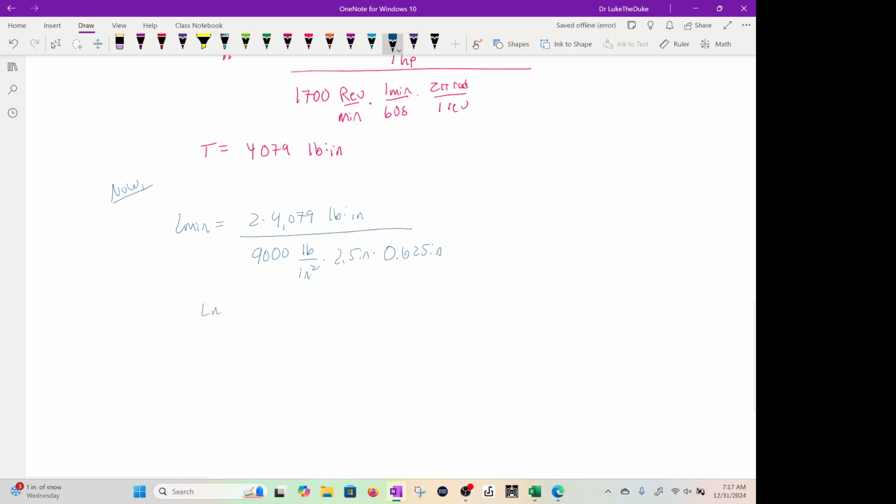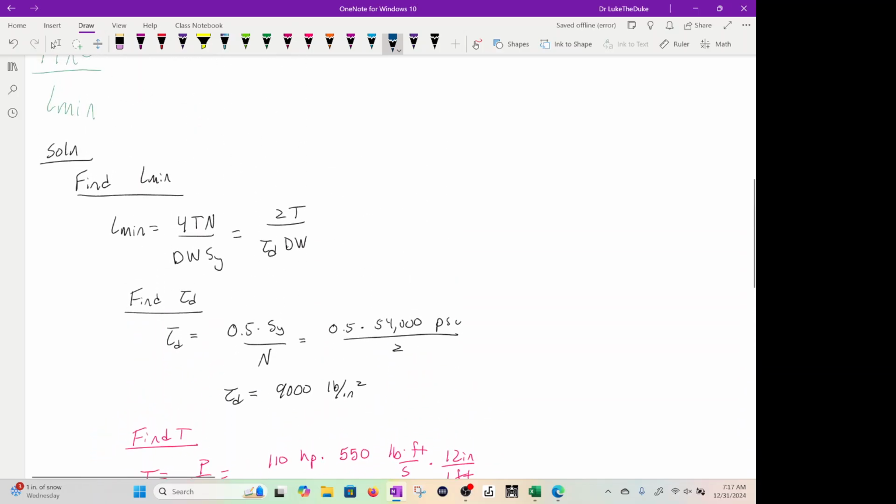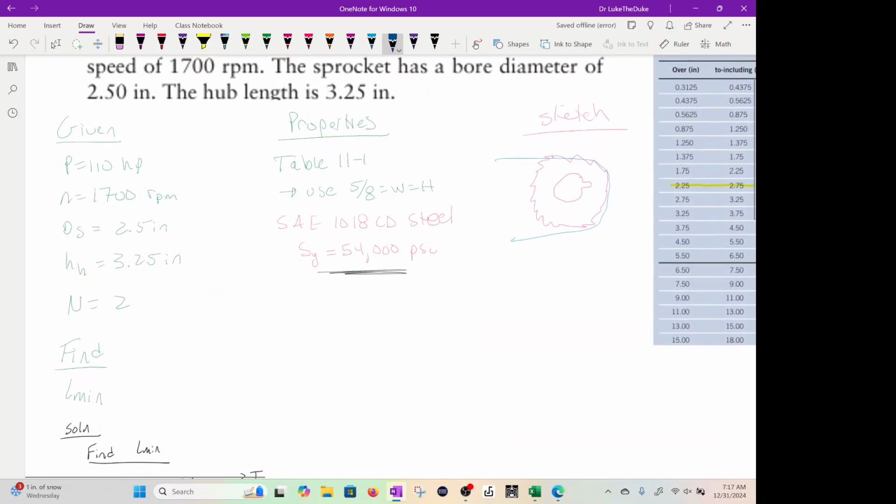And we get L min to be 0.58 inches. That's the minimum. Now, I recommend probably between 2.5 and 3 inches when you make it to keep it consistent with the hub. Okay? All right. Awesome. So that's an example of how to size a key, all right, for a sprocket.